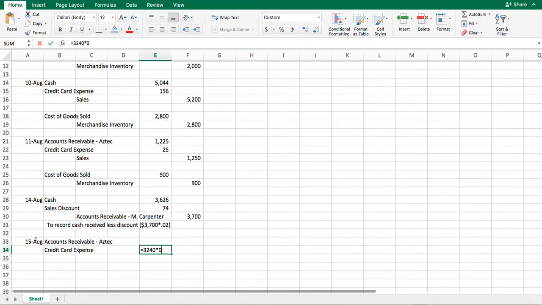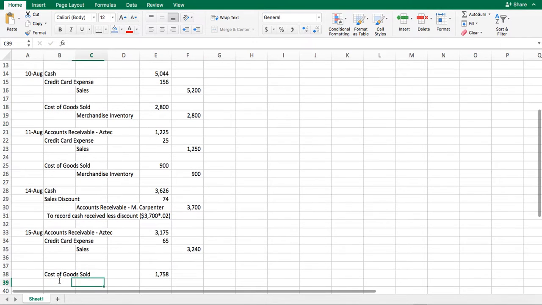That is the $3,240 times 2%, or $65. And then we have sales of $3,240. So the difference, $3,240 minus $65, is $3,175. And then that merchandise that we sold had a cost of goods sold of $1,758, which decreased our merchandise inventory, $1,758.